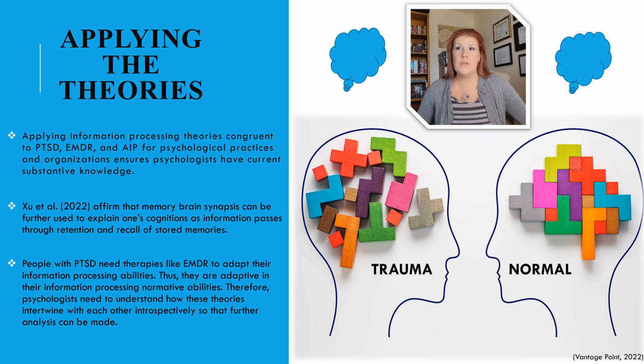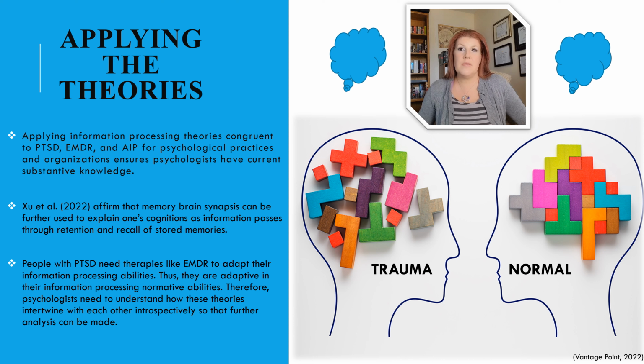Xu et al. 2022 affirm that memory brain synapses can be further used to explain one's cognition as information passes through retention and recall of stored memories. People with PTSD need therapies like EMDR to adapt their information processing abilities.